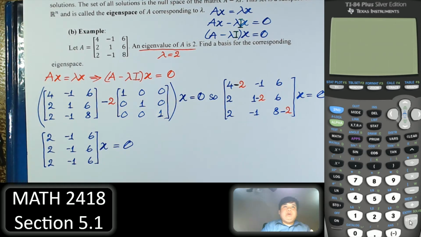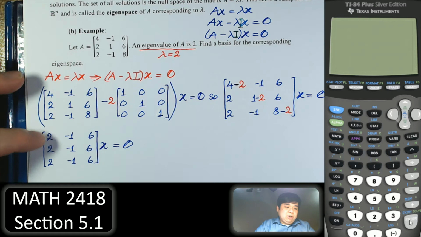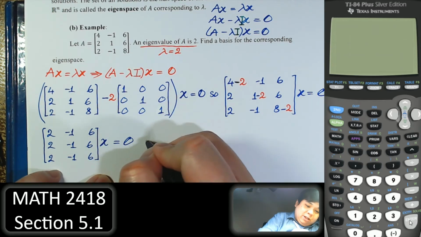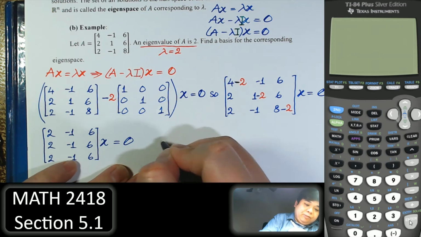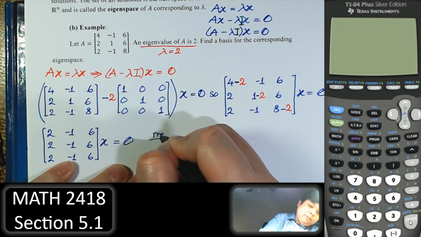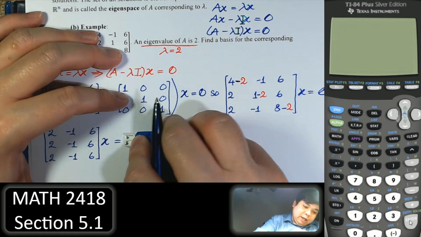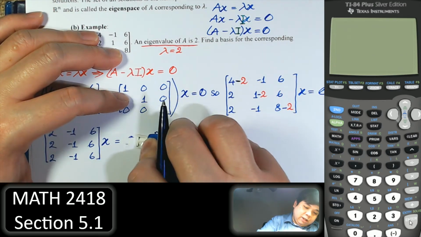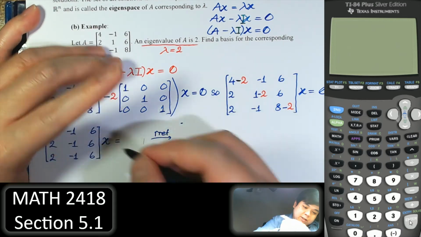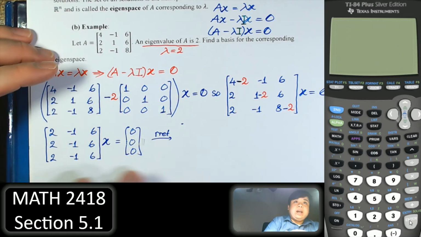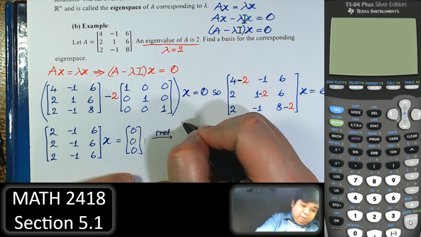All three rows are equal, so I just subtract the first one from the other two. That will be 0, 0. So the RREF is easy to do here, and I can reduce to echelon form for that.